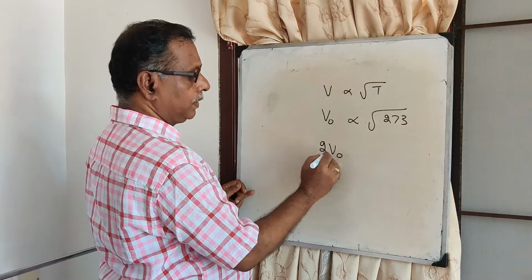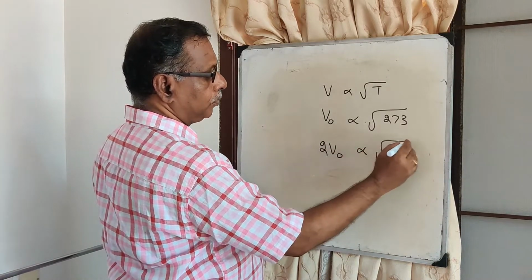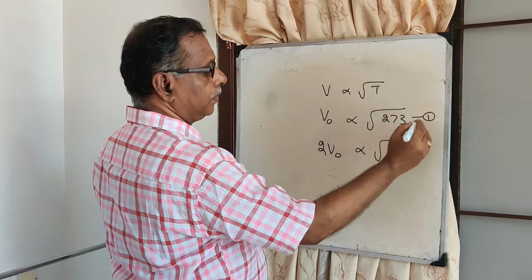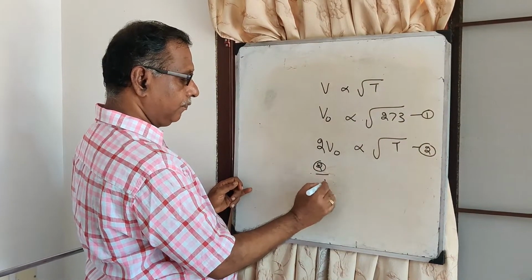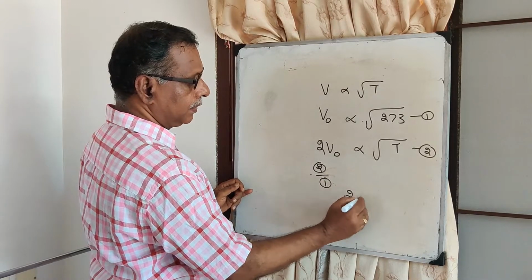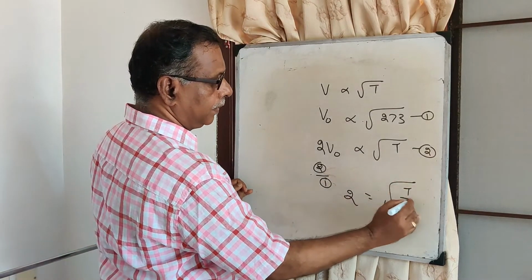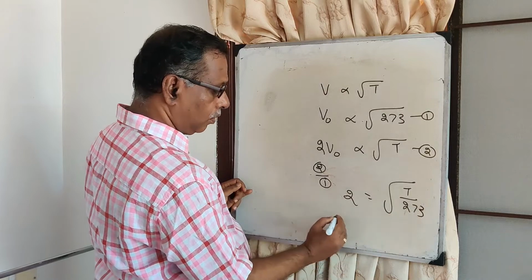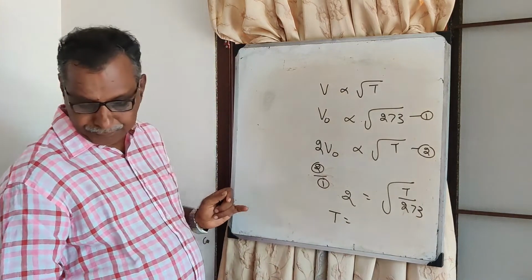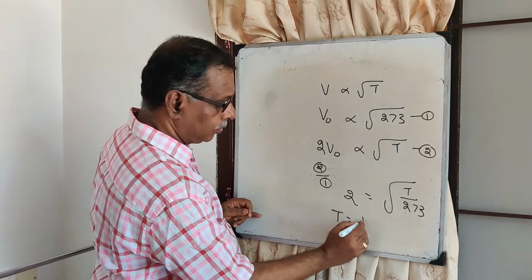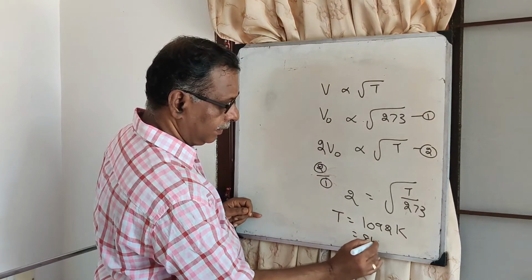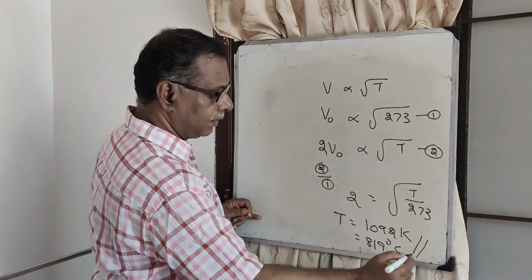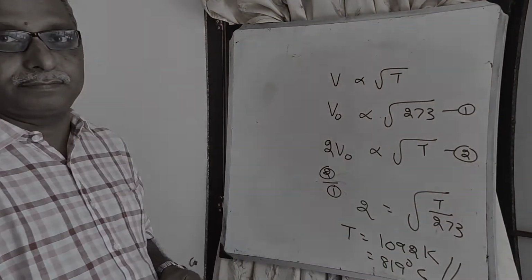Double means 2V0, proportional to root T. This is equation number 1. This is equation number 2. Equation 2 by 1 we get 2 is equal to root of T by 273. Solving we get T is equal to 1092 Kelvin or 819 degrees Celsius. That is a standard result, 819 degrees Celsius.